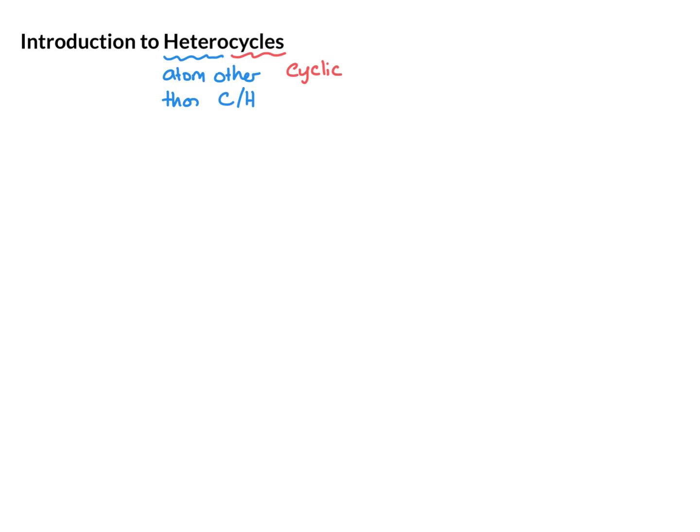So our most common heterocyclic molecules are going to be things that have an oxygen, nitrogen, or sulfur in a ring. And the reason this ties in with the amines is because there are a lot of nitrogen heterocycles. So let's take a look at a couple of those first.